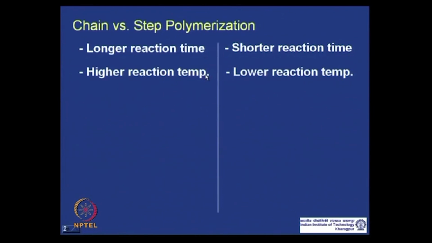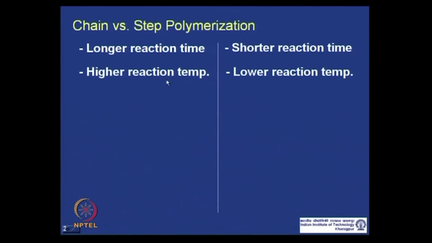Obviously, as the reactivity of the functional groups is lower, you need a higher reaction temperature to overcome the activation energy, which requires your reactions to be done at very high temperature.